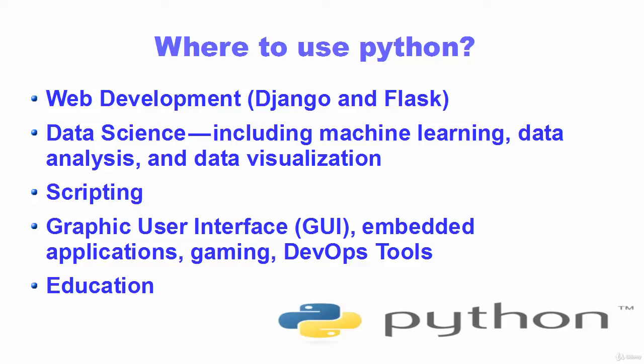Now, as I said, Python is used as a scripting language. That means if you are doing prototyping, it's really efficient to use Python. Python is also used in the development of graphical user interfaces, embedded applications, gaming and DevOps tools. And at last, because Python is really easy to learn, it's used for educational purposes as the first programming language for teaching programming.